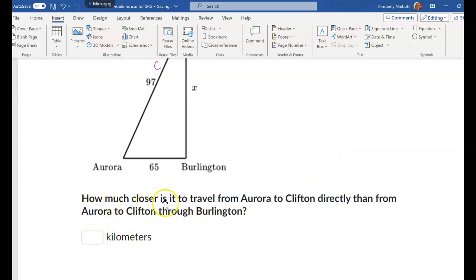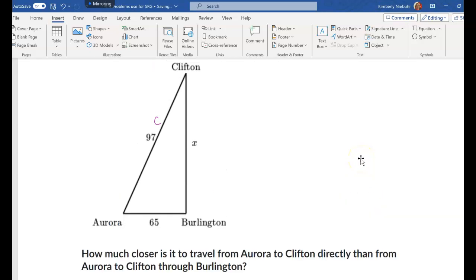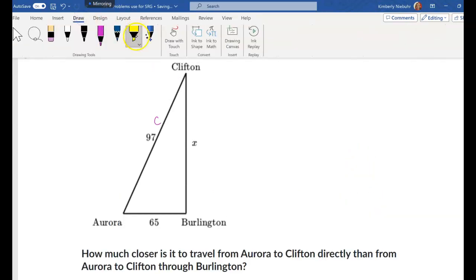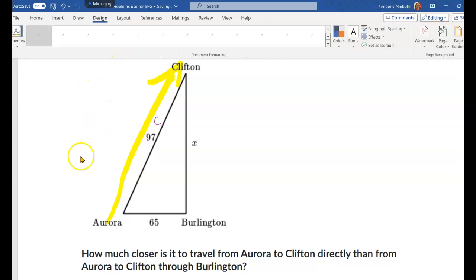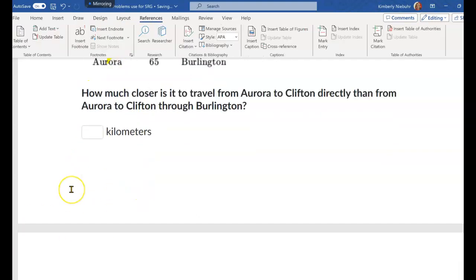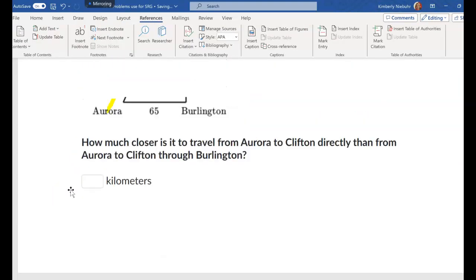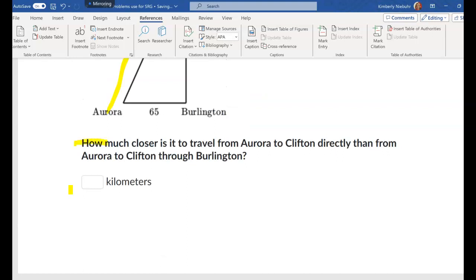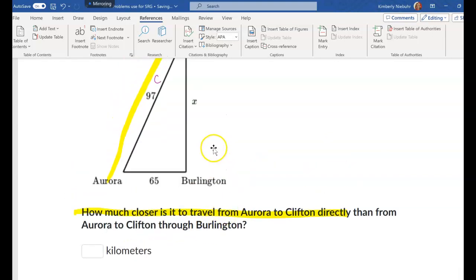How much closer is it to travel from Aurora to Clifton directly than it is from Aurora to Clifton and then to Burlington?